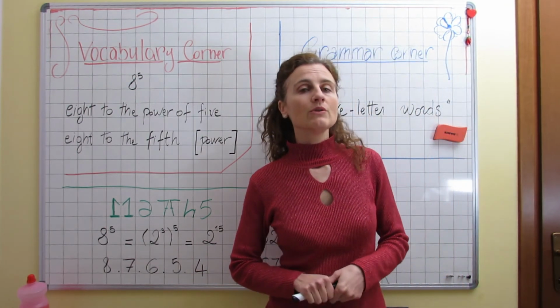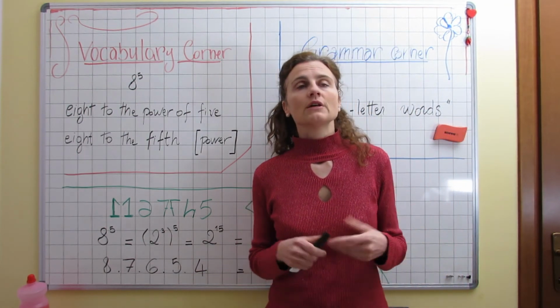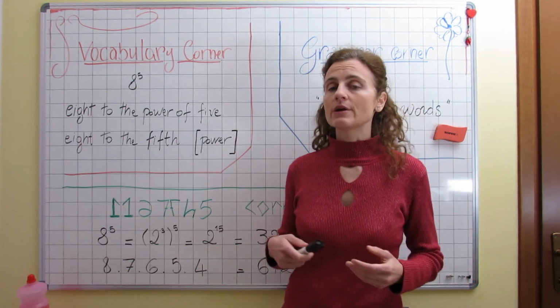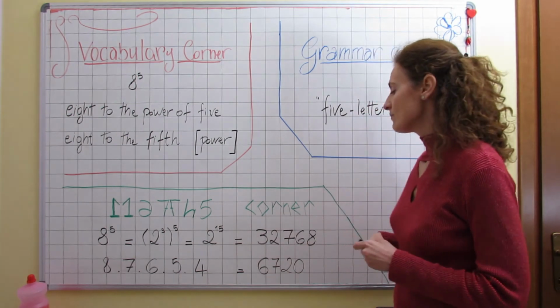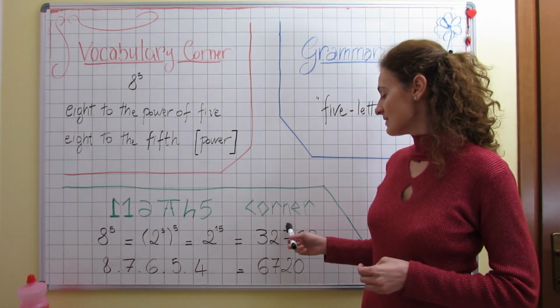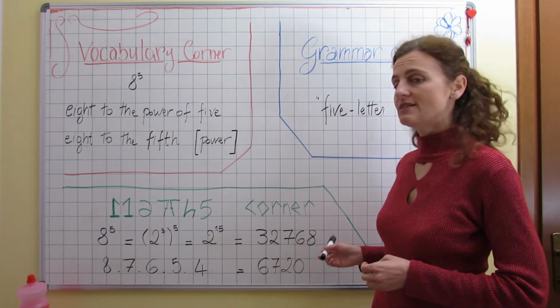Those people who know the basics of computer science are quite familiar with the powers of 2. So they know that this number is 32,768.